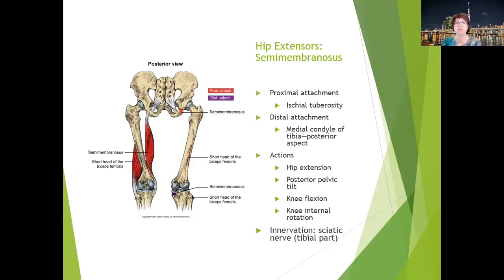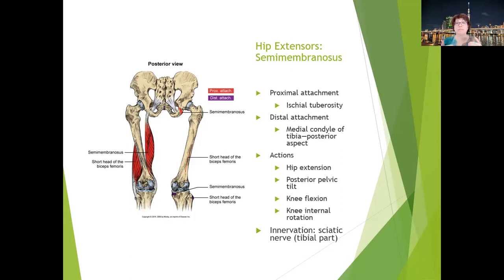So the semimembranosus also has its origin at the ischial tuberosity. Its distal attachment is the medial condyle of the posterior aspect of the tibia. So you can think of the top of the tibia and fibula as having a lot of different attachments for the hamstrings.